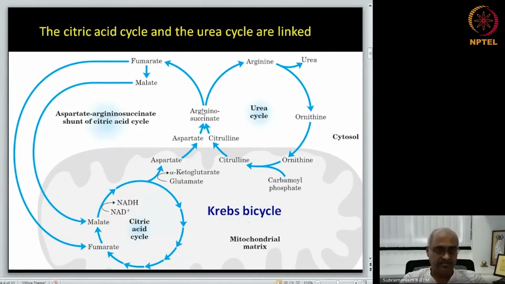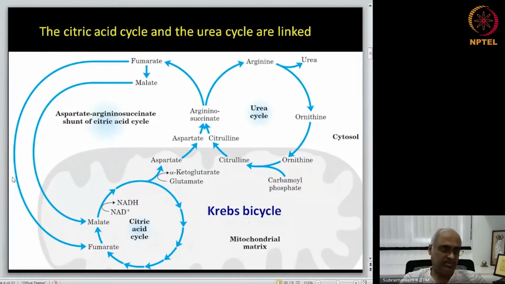And when the carbon skeleton of aspartate is cleaved off as fumarate, this fumarate can be converted into malate by the same type of reaction that happens in TCA cycle, which is in the mitochondria, but here it is going to be in the cytosol. And a similar isoenzyme present in cytosol does that.